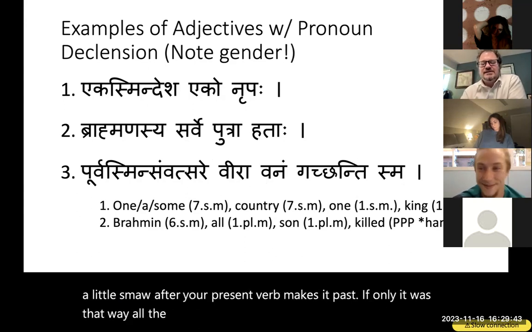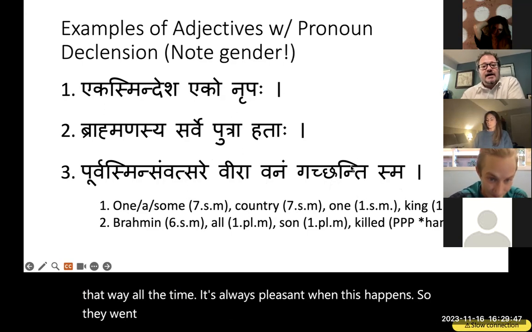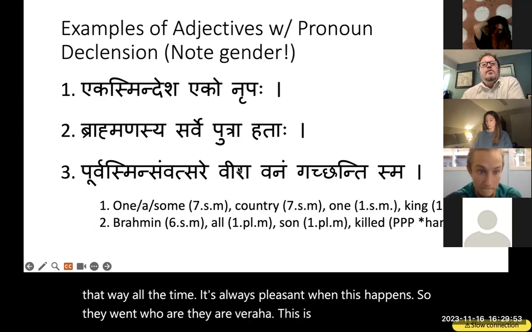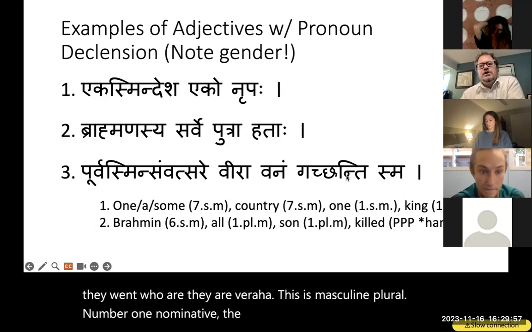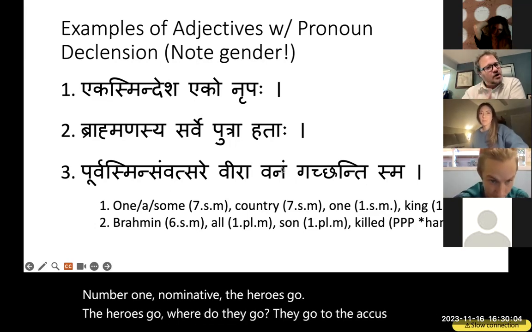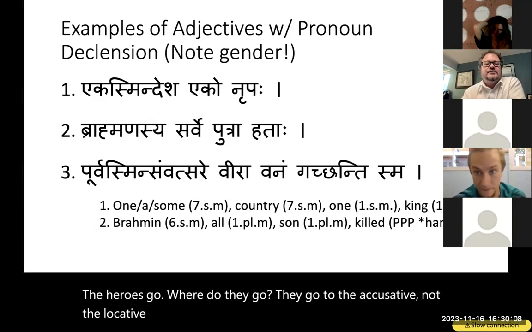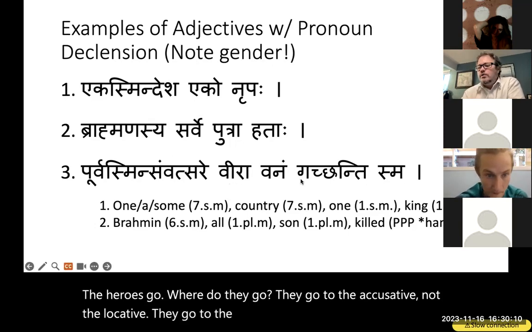So they went. Who are they? They are viraha. This is masculine, plural, nominative. The heroes go. Where do they go? They go to the accusative, not the locative, because verbs of motion take the accusative. The heroes go to the forest.